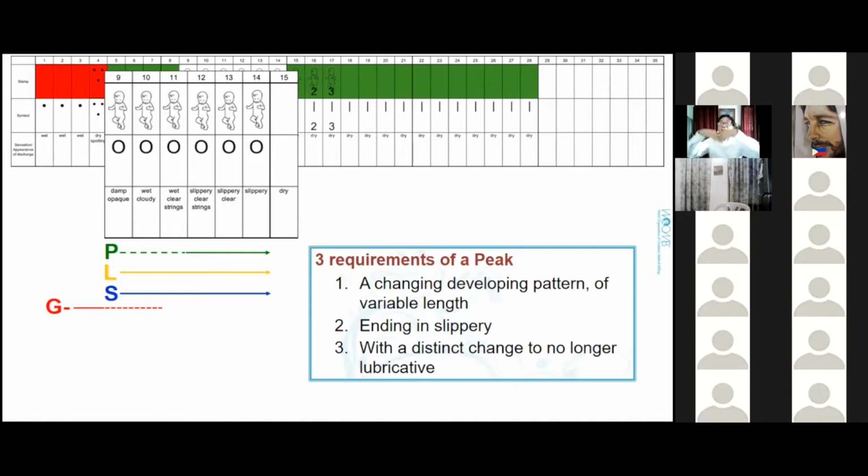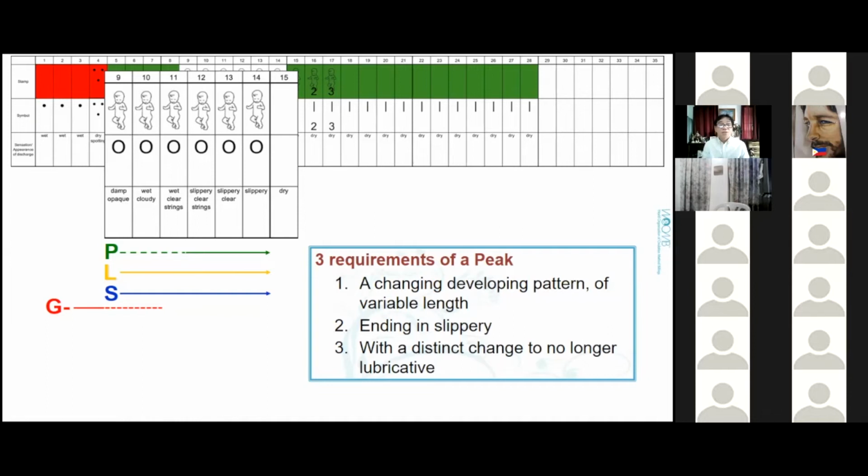It means the following day or the next day, you are no longer slippery, you are no longer wet. Clear? So day 15 is dry. That is the meaning of number 3 in the 3 requirements of the peak day.